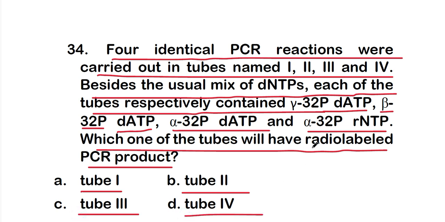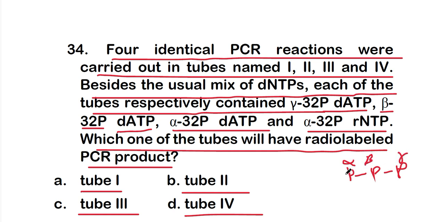The options are option A tube 1, option B tube 2, option C tube 3 and option D tube 4. We will get radiolabeled PCR product when the radiolabeled phosphate enters the DNA strand. In the dATP the three phosphate groups are attached one by one: the first is alpha, next is beta, third is gamma.